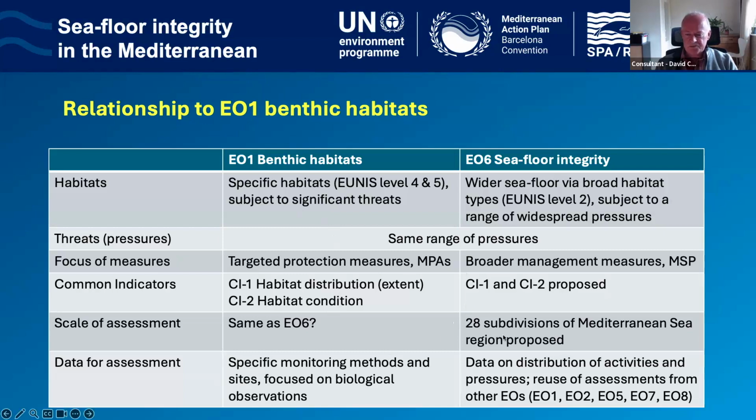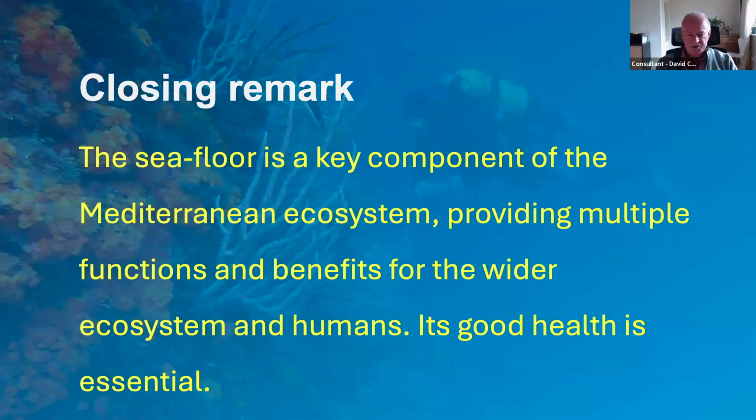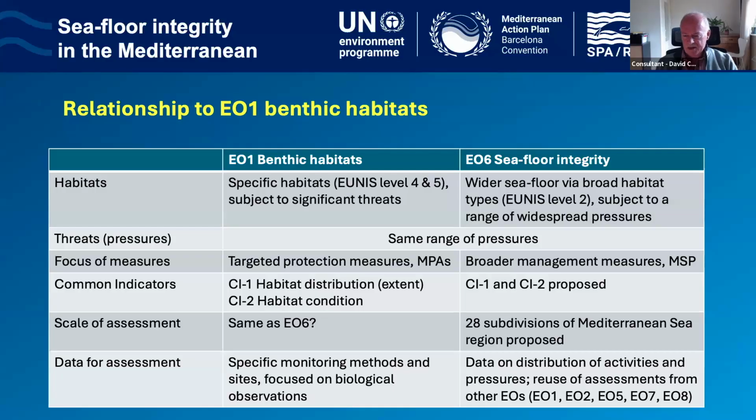For EO6, the 28 subdivisions are proposed for the assessment of the Mediterranean, and it would be possible to use that framework again under EO1. And then in terms of the monitoring, the focus for EO1 is on specific monitoring methods and on the biological data on the seabed, whilst for EO6 there's a broader focus on collecting the distribution of pressure and activity data.